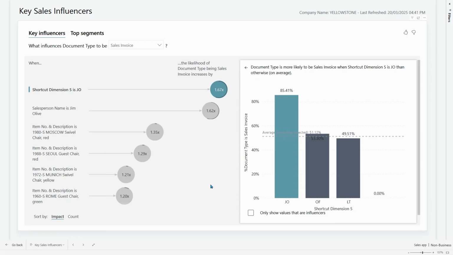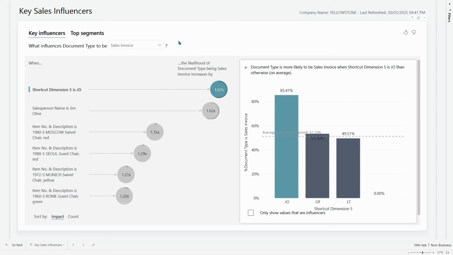The next report is actually 2 different reports in one. It's called Key Sales Influencers. And in here, we also have a statistical model that is helping drive some insights based on a question. And the question here is, what influences the document number to be sales invoice, which means we do a sale. We could also have different others, like what is most common for a credit memo or return shipment.